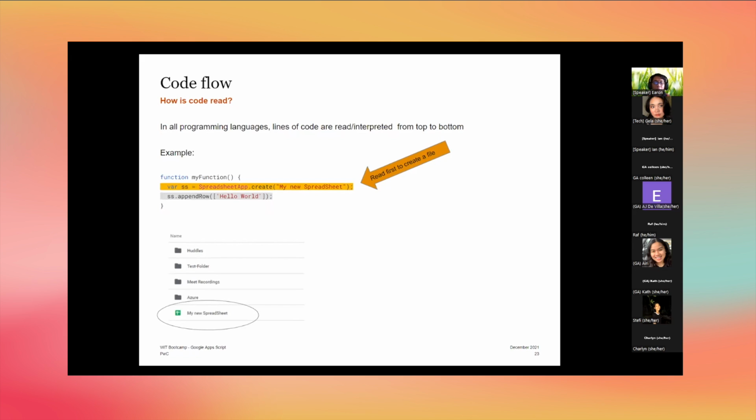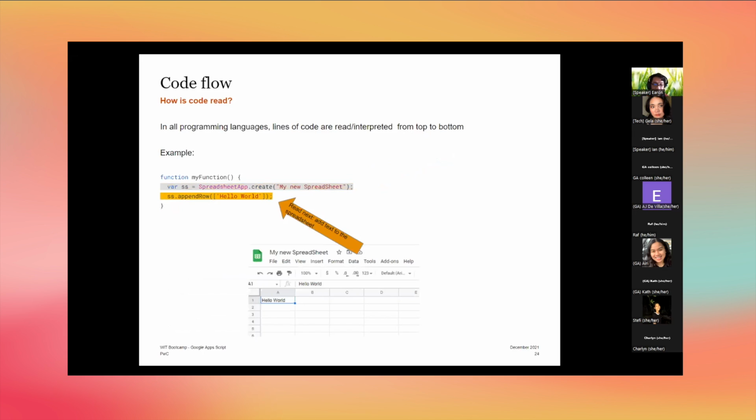That's what will be executed first, and then the next one is executed. So it will create a random hello world cell in the first cell of the spreadsheet that you created. I'll discuss more on how and why that works later on.